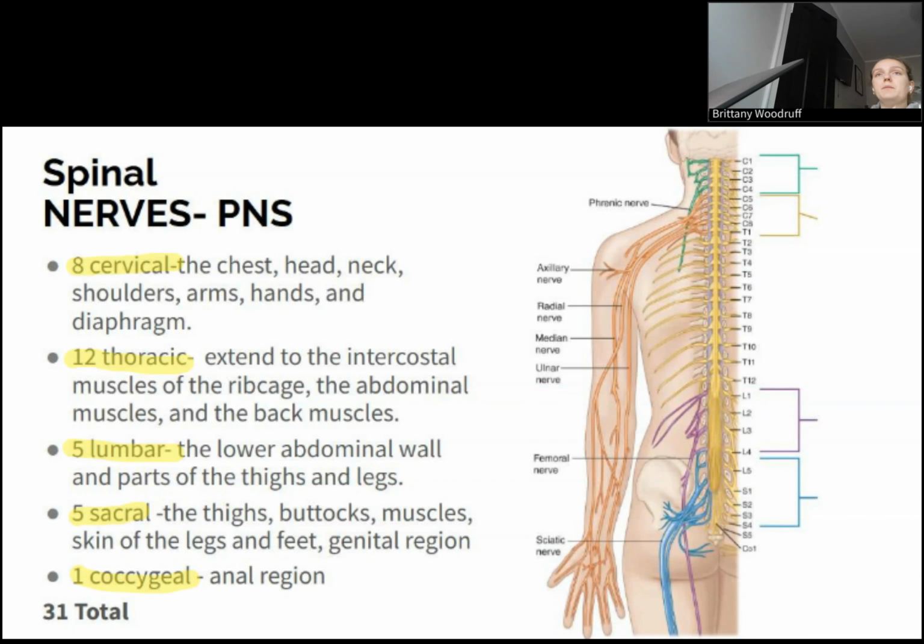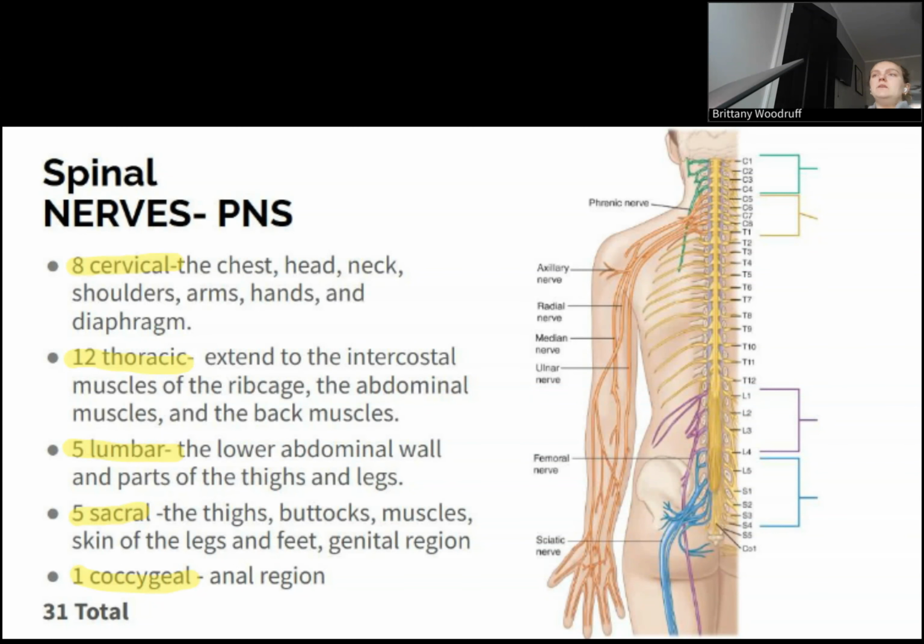For example, cervical nerves are going to control your upper body: your chest, your head, your neck, your shoulders, and your arms and your hands. The exception to this is your phrenic nerve, which is going to control your diaphragm. We're going to talk about that more when we get to chapter 18, I think, the respiratory system. Your diaphragm is a weird one. It's the only one that's not right by the nerves that innervate it.